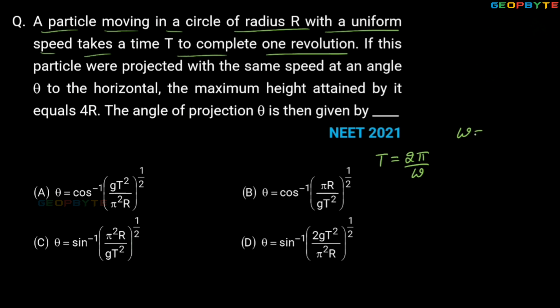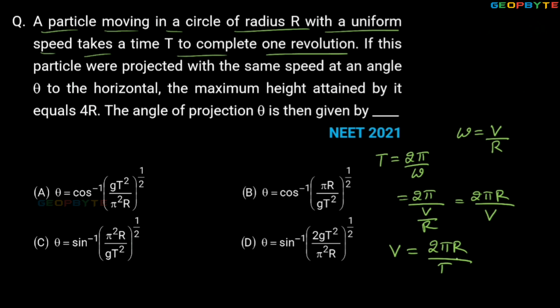But omega equals linear velocity divided by radius. Therefore, it can be written as 2 pi by v by r, which is equal to 2 pi r by v. That is the time period. From this, velocity v equals 2 pi r by the time period T.